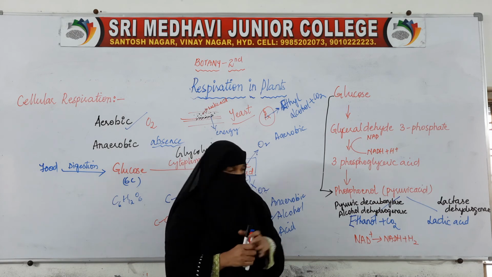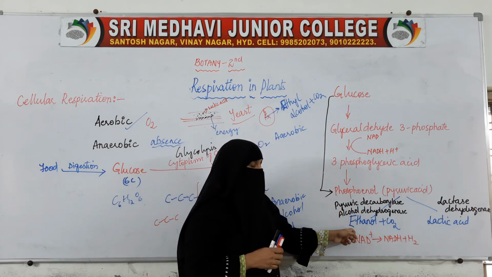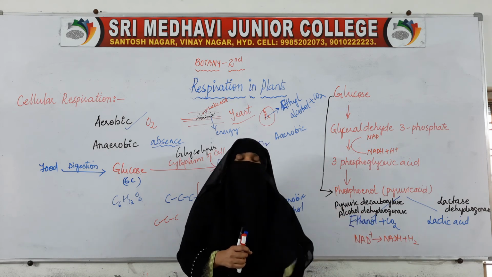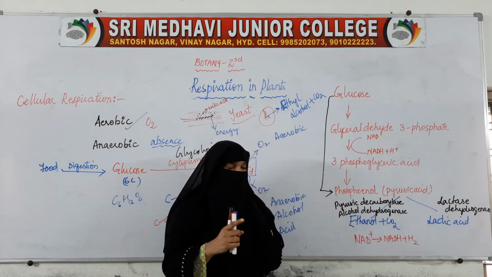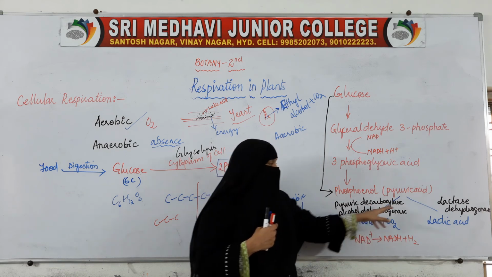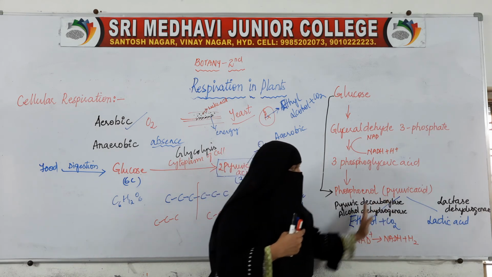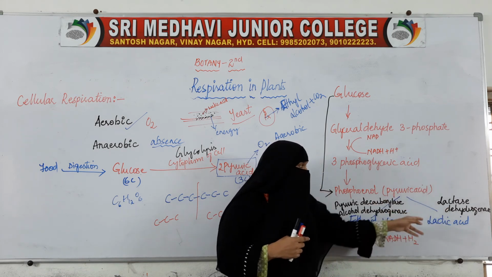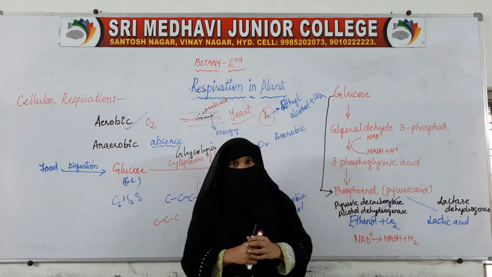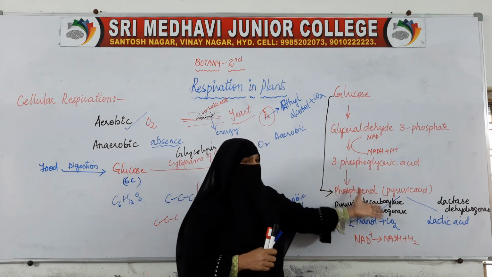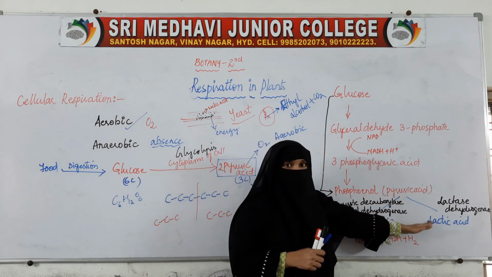So this enzyme will help in the formation of alcohol, and this enzyme will help in the formation of carbon dioxide. So pyruvic acid is changed to ethanol and carbon dioxide by these two enzymes in yeast. In muscle cells, it will change into lactic acid. So this is where anaerobic respiration takes place.